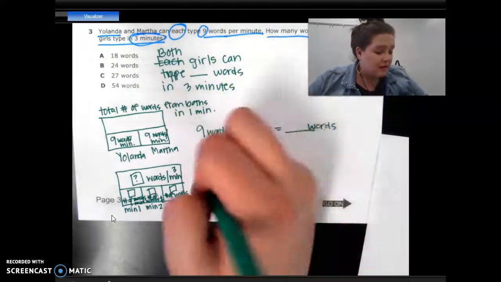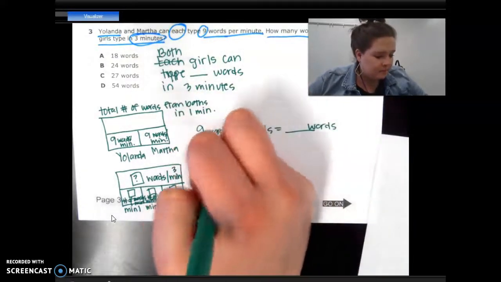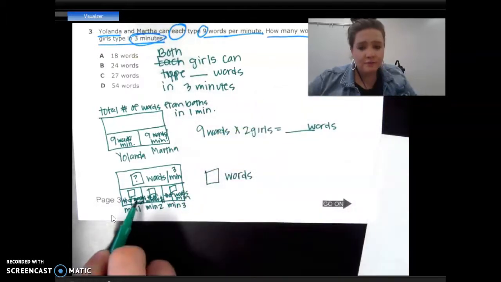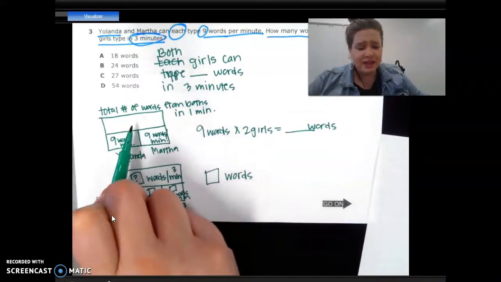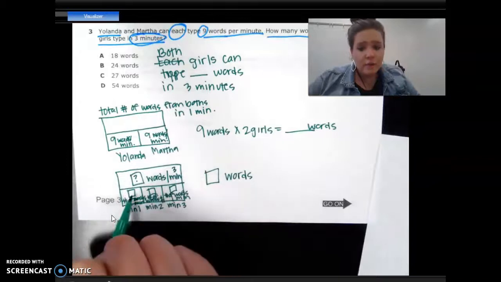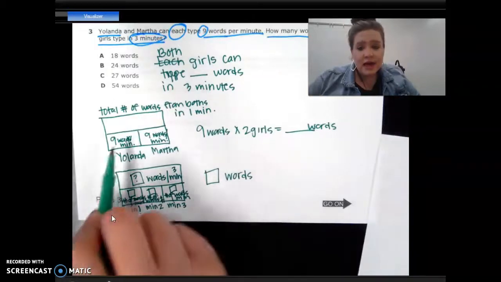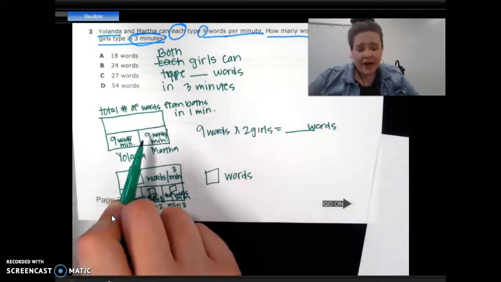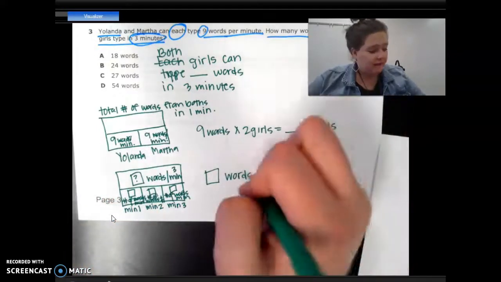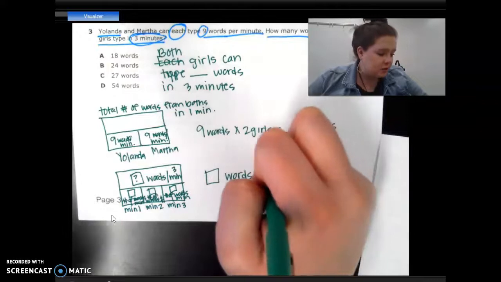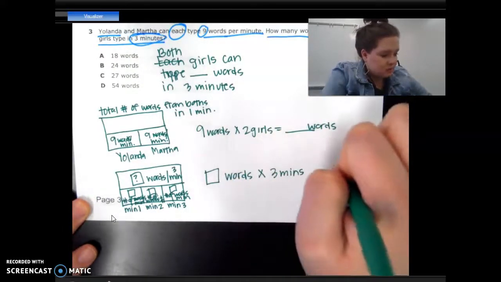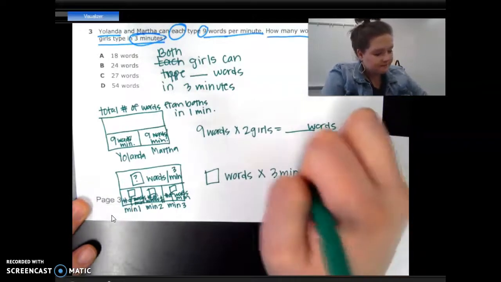And then so this strip diagram looks just like this strip diagram. We don't have a total, but we have equal groups. And then here we don't have a total, but we have equal groups. So I know that I'm going to be multiplying a number of words times 3 minutes equals a number of words.